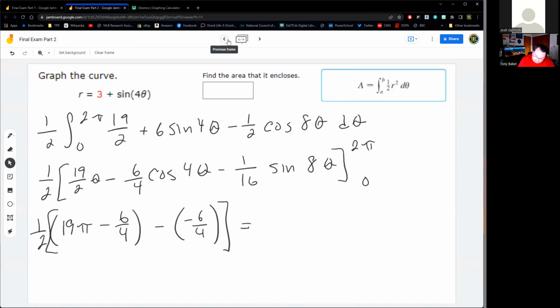And I'm left with 19 over 2 pi. That's my final answer for the area. That's the polar problem.